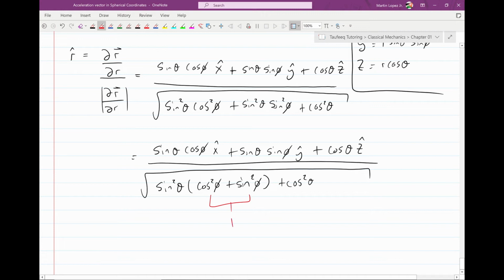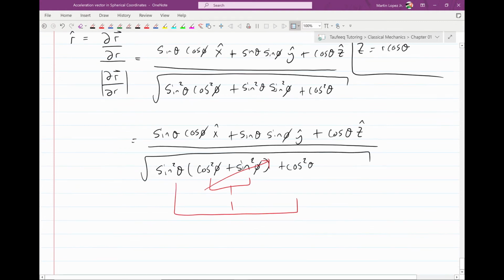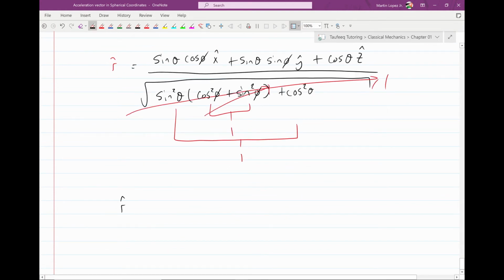So we have a trig identity right here. Sine squared phi plus cosine squared phi is 1, so that goes away. What are we left with? We're left with sine squared theta plus cosine squared theta, which is also 1. So we have the square root of 1, which is 1, and we are just left with the numerator.